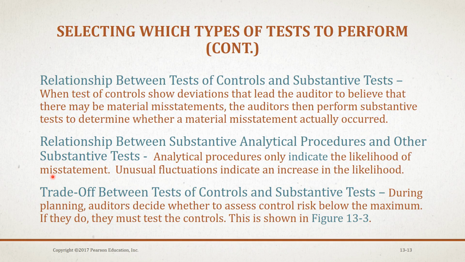It's not going to actually confirm it. Trade-off between the test of controls and substantive tests. Again, auditors have to decide how we're assessing control risk. If we're going to assess control risk below the max, which is sometimes a great thing, meaning our clients have good controls, well, in that particular case, then they can do testing of controls for operating effectiveness.